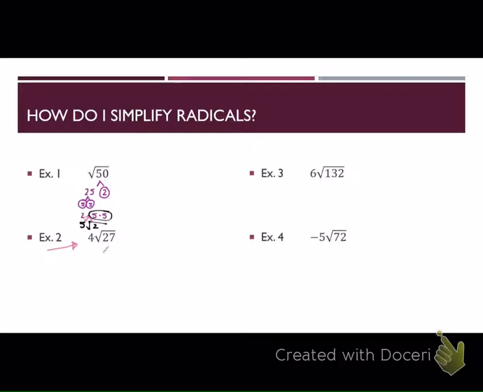So first we have to do our factor tree. Greg, what goes into 27? 9 times 3. Okay, guys, be careful. A lot of kids think 9 is a prime number. It is not a prime number. Gabe, what goes into 9? 3 times 3.